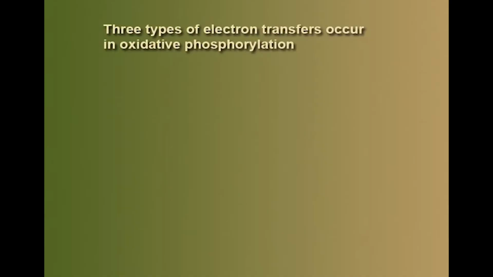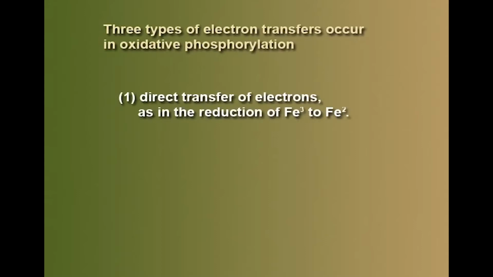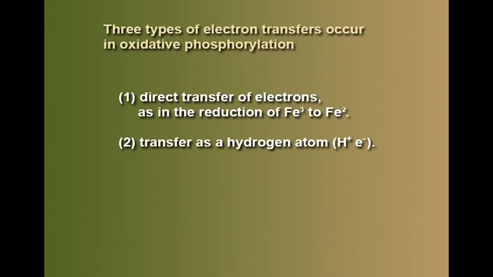3 types of electron transfers occur in oxidative phosphorylation. The first one being a direct transfer of electrons as in the reduction of ferric to ferrous ion. The second is transfer of a hydrogen atom. As you all know, a hydrogen atom contains a proton with a positive charge and an electron with a negative charge.